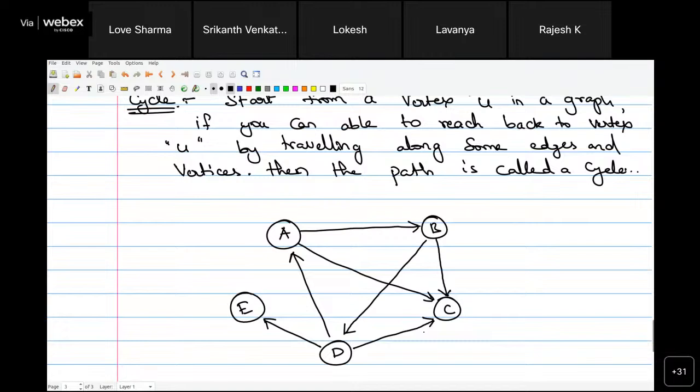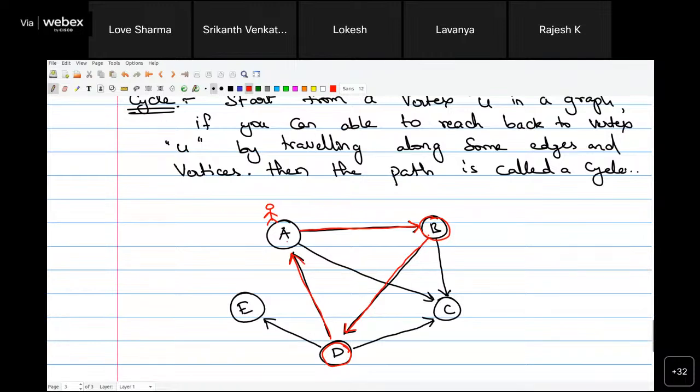So this graph is a directed graph, as well as it has 5 vertices with 1 2 3 4 5 6 7 edges. So now having a cycle means, if you see here, I start at a, so I am at a now, I travel along this edge and reach b, and from b I can travel to d along this edge, and from d I can come back to vertex a.